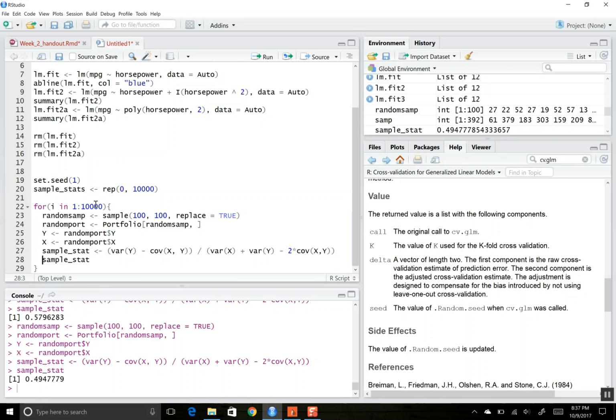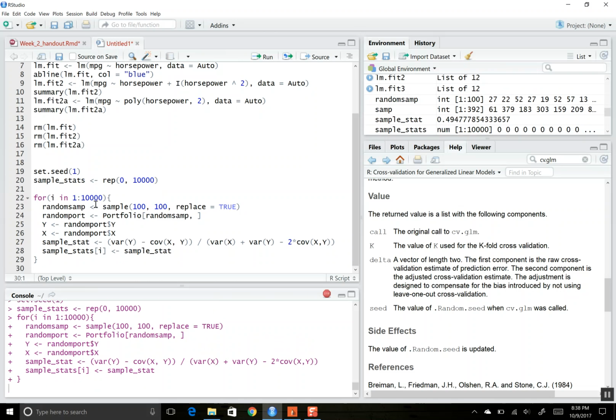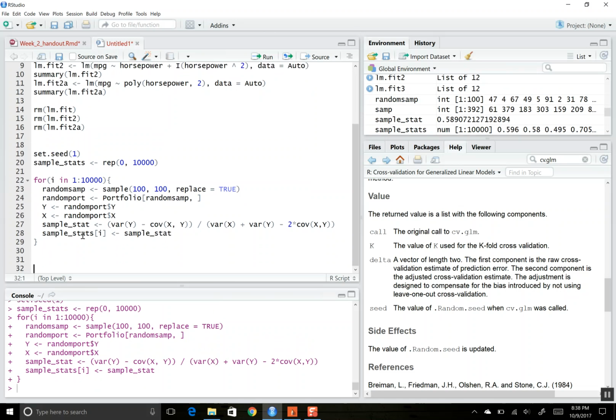And so we would take our sample stats in slot i, we would take the sample stat that we calculated. Okay. So I would do this. We would let this run 10,000 times. Okay. Each time calculating something a little bit different.